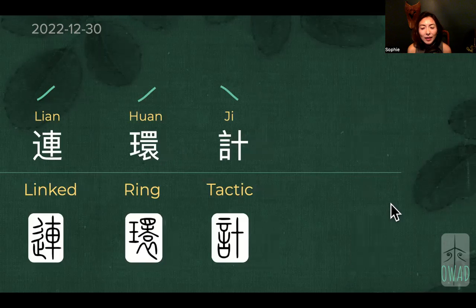连环计 is a little bit abstract because it doesn't exactly tell you what kind of tactics you're going to use. Instead, we use 连环, linked ring. So it's like a multiple-step tactic. That's something strategists are probably good at: they come up with multiple steps.